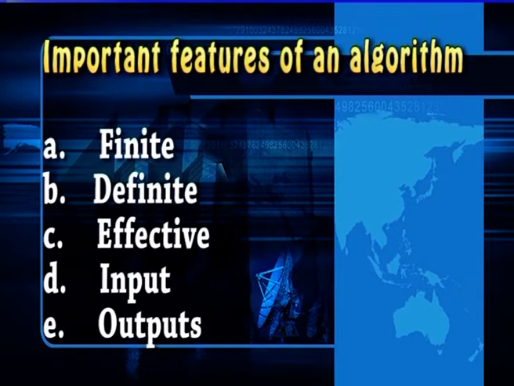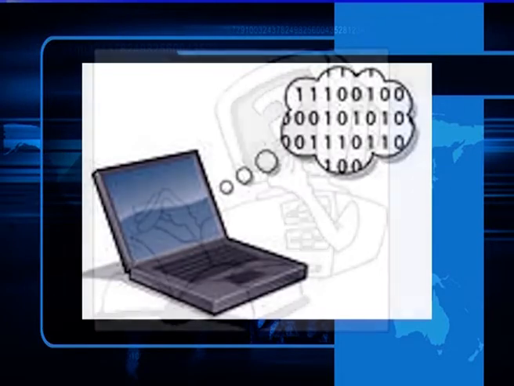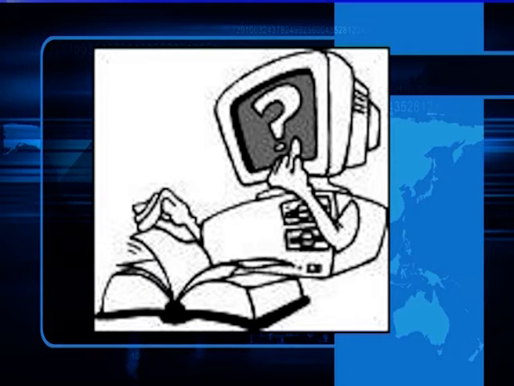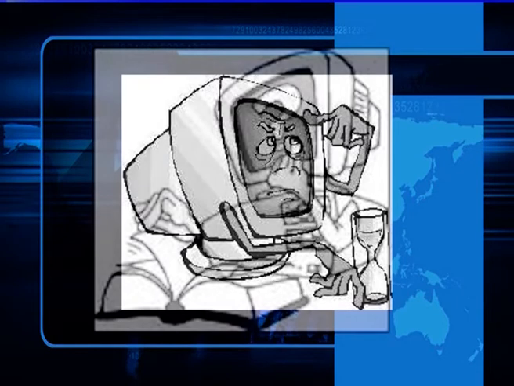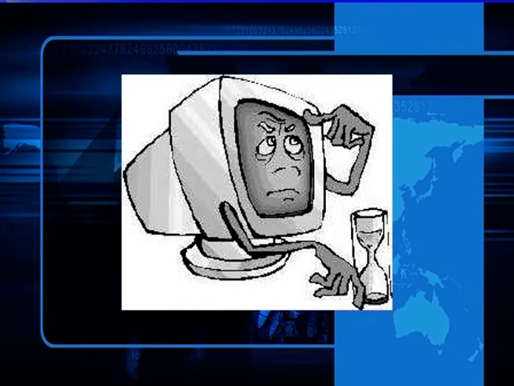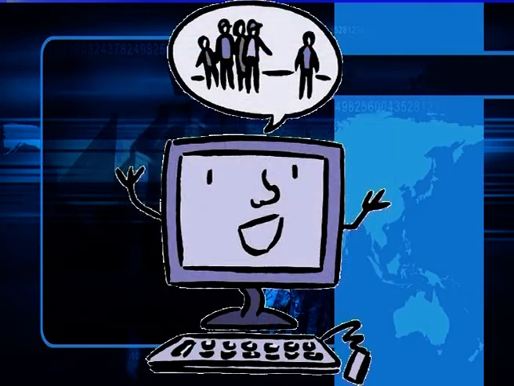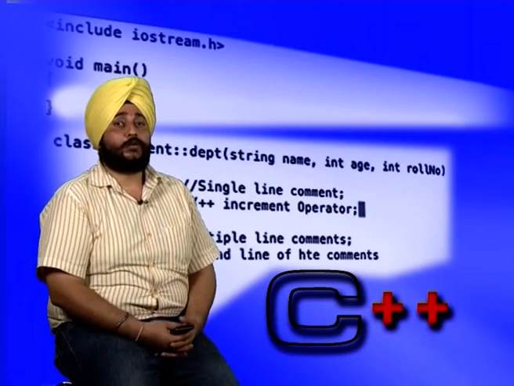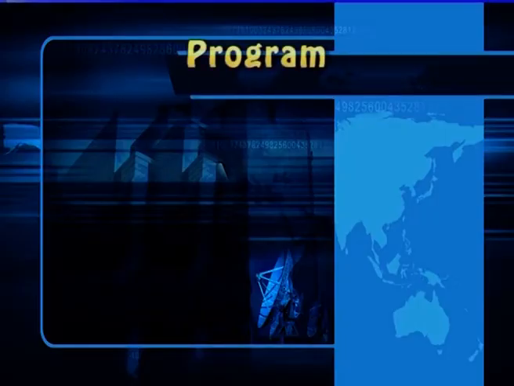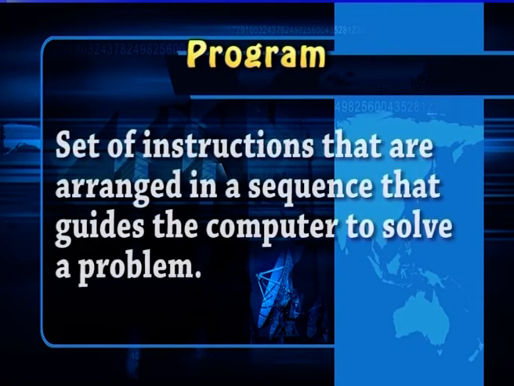A computer can neither think nor make any judgment on its own. Also, it is impossible for any computer to independently analyze given data. It needs a program to tell it what to do. A program basically is a set of instructions arranged in a sequence that guides the computer to solve a particular problem.